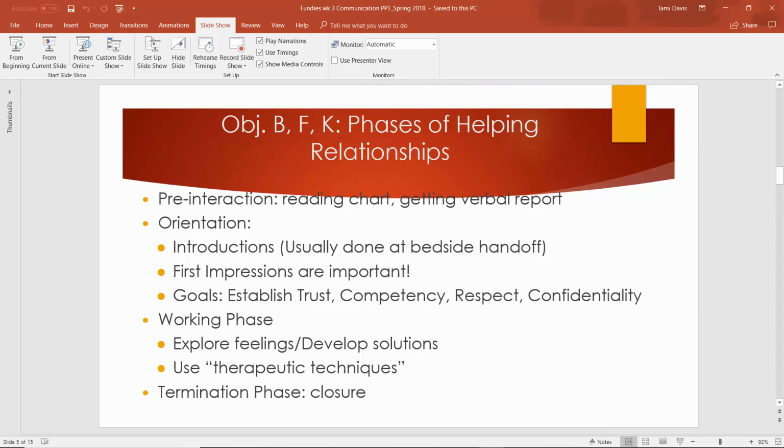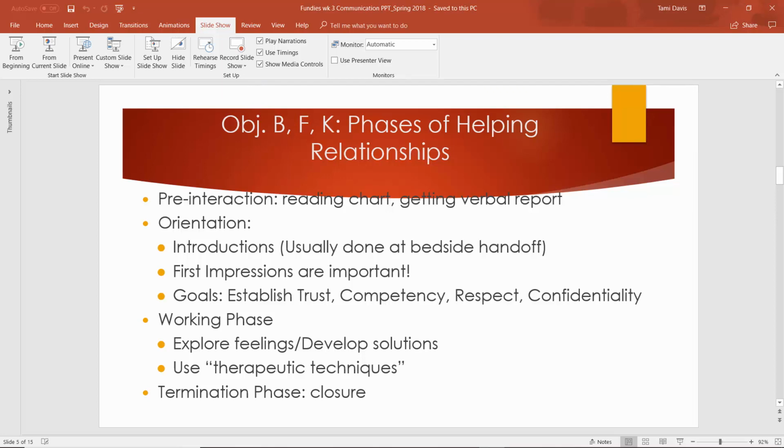And know that the initial relationship is oftentimes superficial, and the patient is going to test your competence. They're going to be watching you to see if you really know what you're doing, and you're going to be watching them just to observe them. After you get this observation done, you're going to be inferring or making judgments about the patient's behaviors and getting an overall idea of the patient's health status.